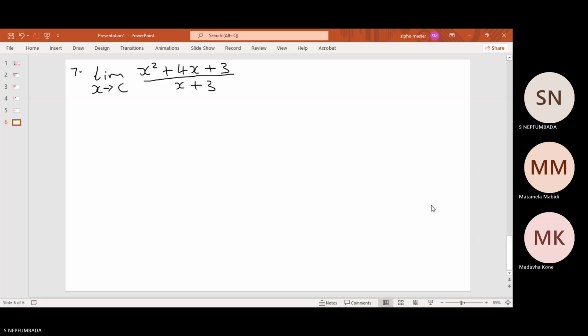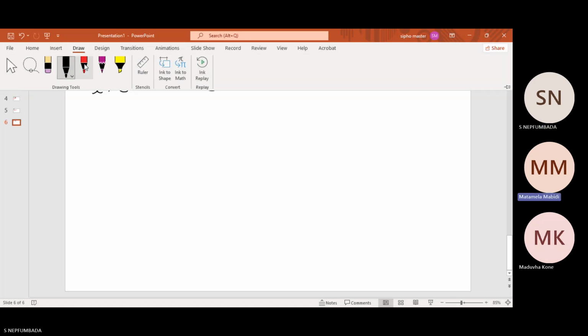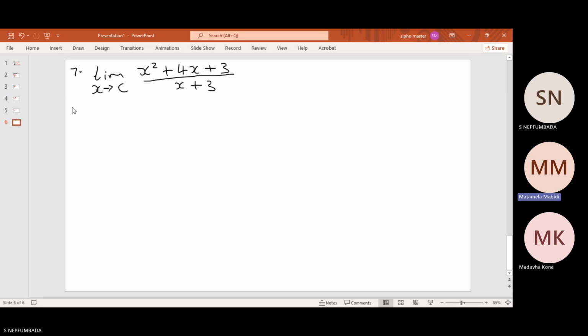You mean the final answer? Okay. Then we've got the limit. We're not taking the limit, it approaches, right? We've got c squared plus 4c plus 3 divided by c plus 3.